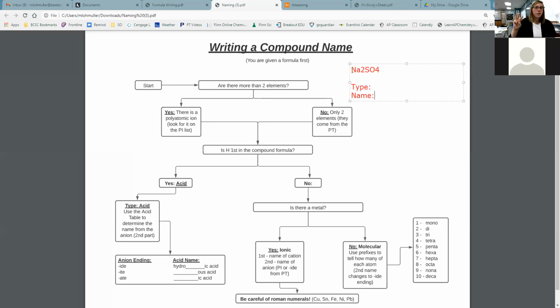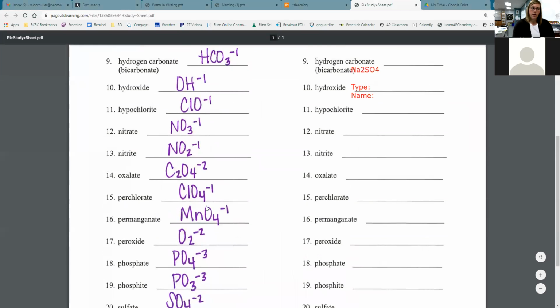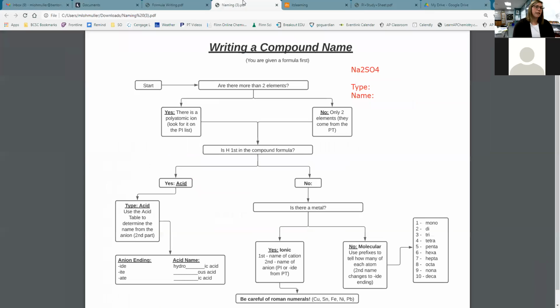Since that is more than 2 unique different elements, that means that we have a polyatomic ion. And so then we would need to look at the polyatomic ion sheet, the sheet right here, for what we're dealing with. Okay, so if we know that we have more than 2 elements, then that means that we will need to look there for something.